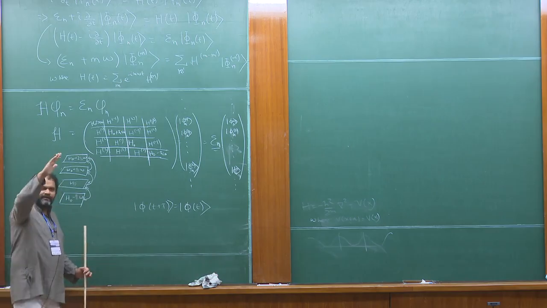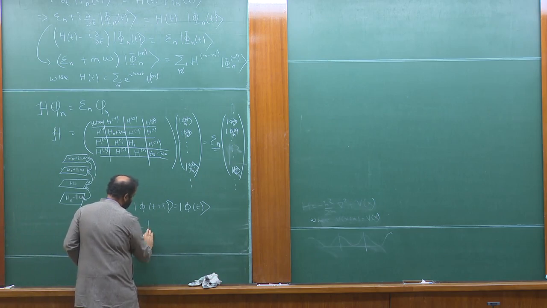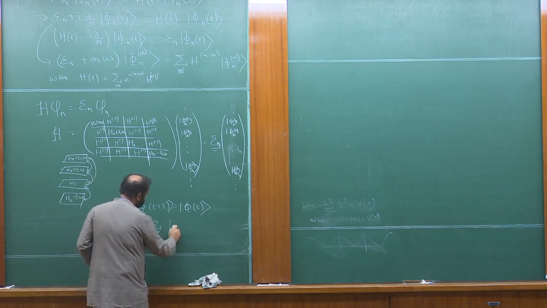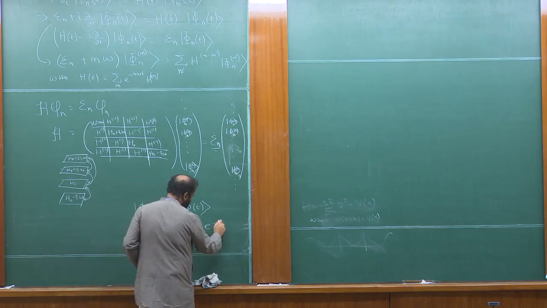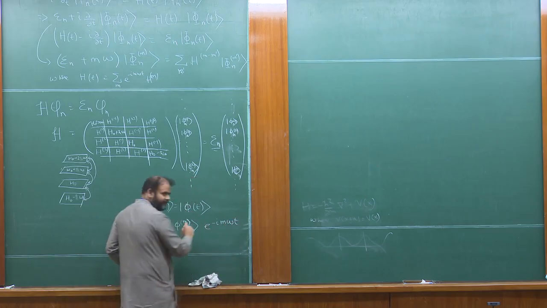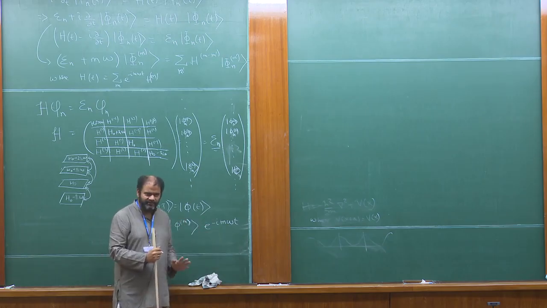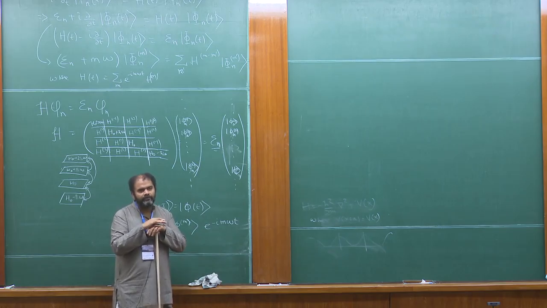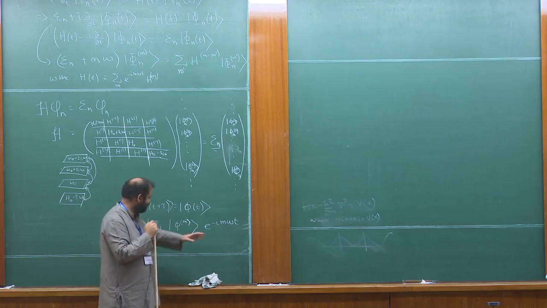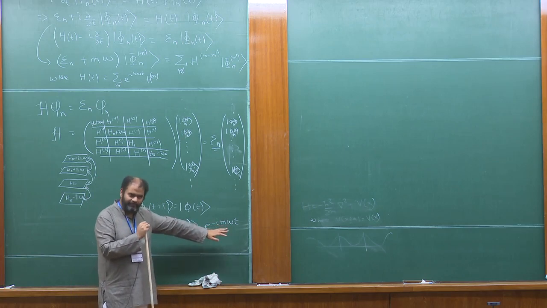True, there are an infinite number of m modes, in the sense that I am writing it as a sum over m of phi m e to the power minus i m omega t, right? But the omega is fixed. The omega we do not change. This is the only omega that I have.